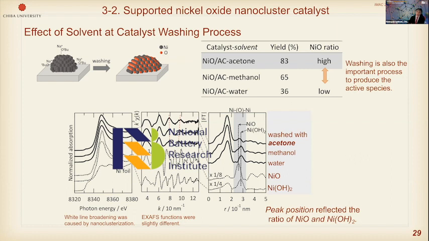In other words, we can see differences by using the XAS technique. Without using XAS, we couldn't get this information. Otherwise we would say, okay, this is a good yield, this is not a good yield, but for reasons we don't know. However, XAS analysis revealed that increasing the nickel oxide ratio is an important point.